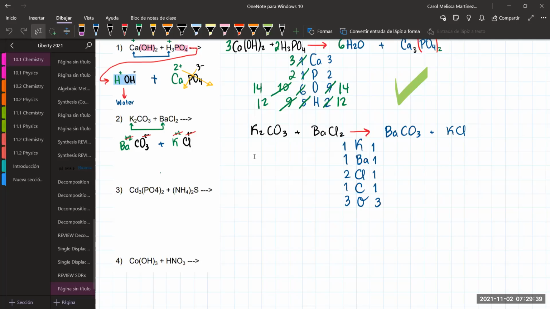So it's not balanced. I place 2 in front of chlorine. It affects my potassium and also chlorine. And then, potassium I had 2 in the beginning, sorry. It wasn't 1, it was 2 directly from the beginning. And now my equation is magically balanced. I was thinking, how am I going to balance potassium? But anyway, it was good.